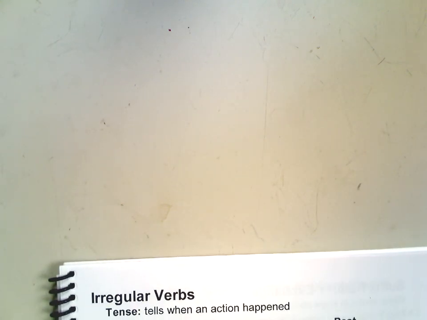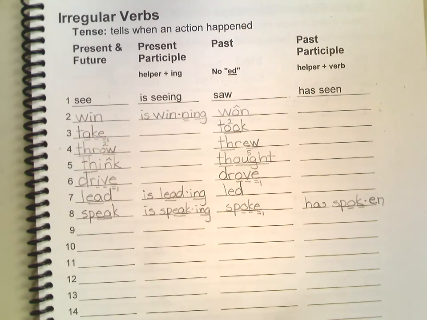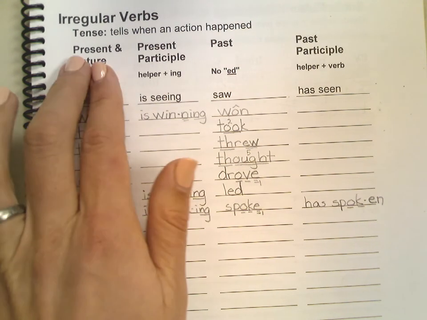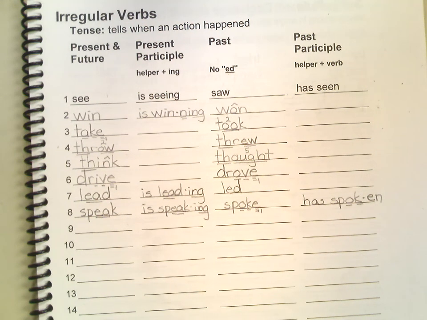It is irregular. All right, so we've got a new verb to add to our irregular verbs. So in our first column, present, and so the present tense is the same as the future tense. So present and future, we'll write and mark sleep.